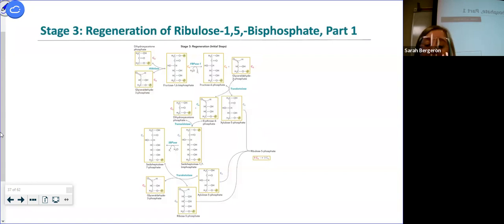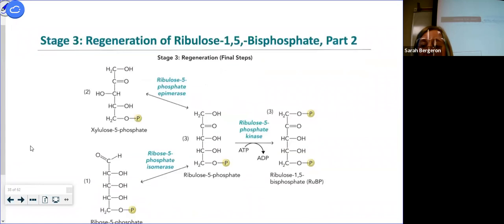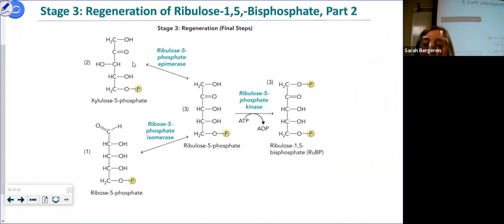I'm going to have to phosphorylate it, so I'm going to have an investment of ATP. Okay, so now I'm going to undergo a little bit of a rearrangement, and then I'm going to phosphorylate my ribulose 5-phosphate to make ribulose 1,5-bisphosphate. And this is what we can use as a substrate in the subsequent Calvin cycles.